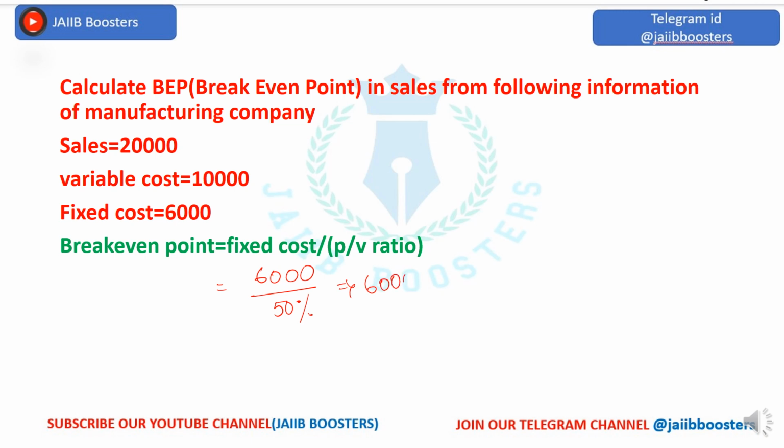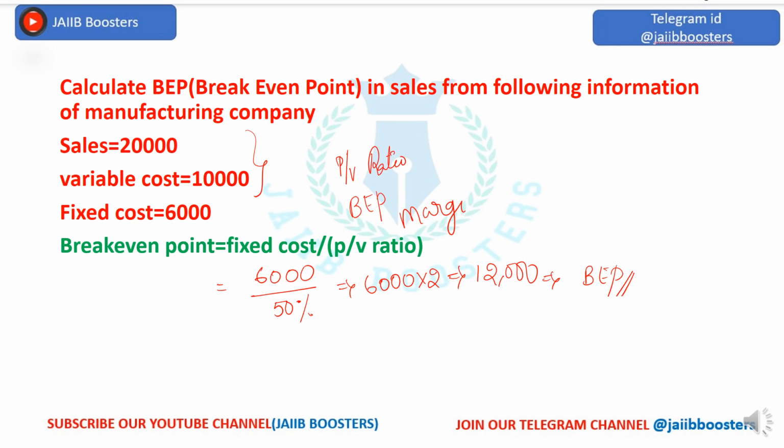That is 6,000 into 2, that is 12,000. 12,000 is the BEP, break-even point. For this simple question, we have done all the calculation of PV ratio and BEP, and also margin of safety.